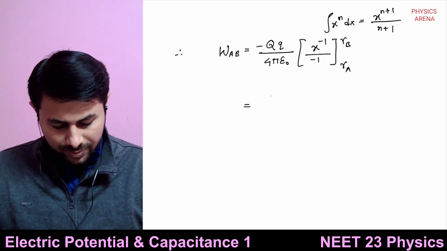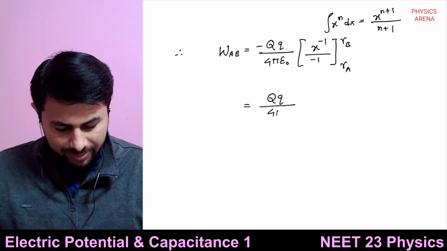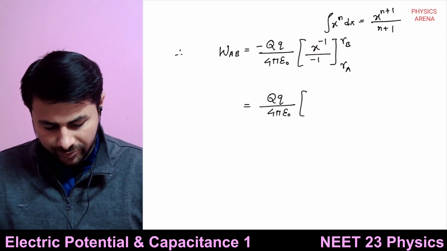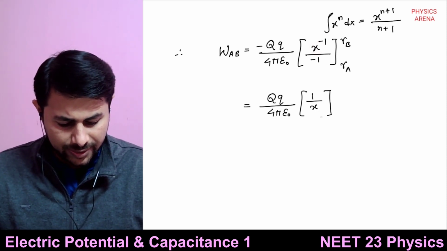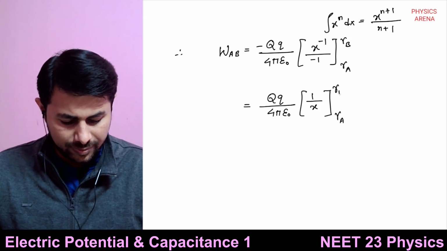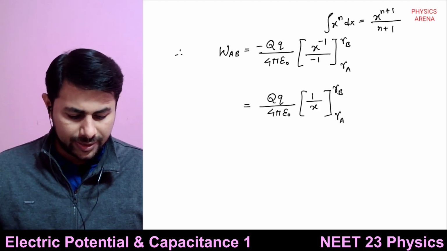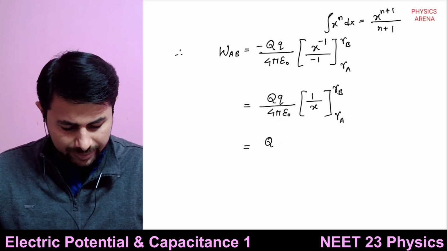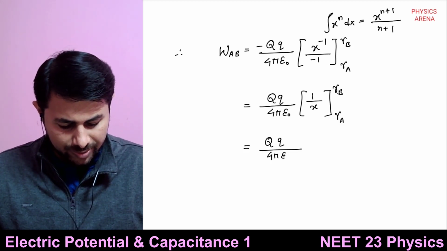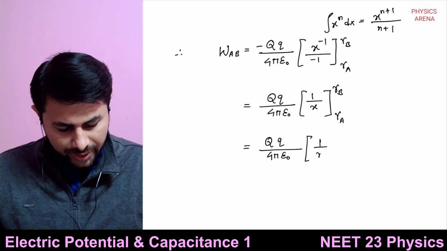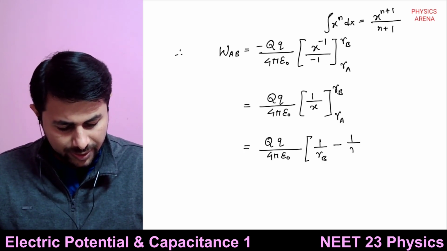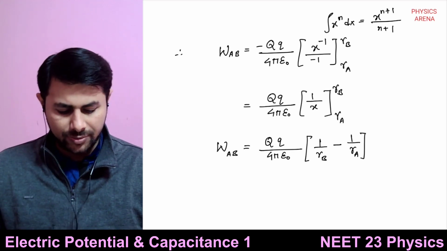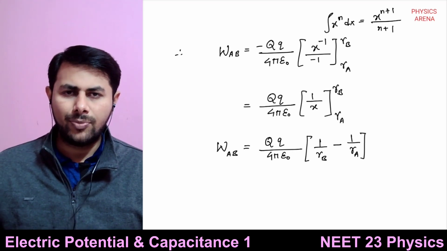So it is equal to q times Q divided by 4 pi epsilon naught, and x raised to minus 1 can be written as 1 upon x, from Ra to Rb. So lower limit is Ra, upper limit is Rb, and that is equal to q times Q divided by 4 pi epsilon naught, 1 upon Rb minus 1 upon Ra. So this is the work done to move the charge from point A to point B.